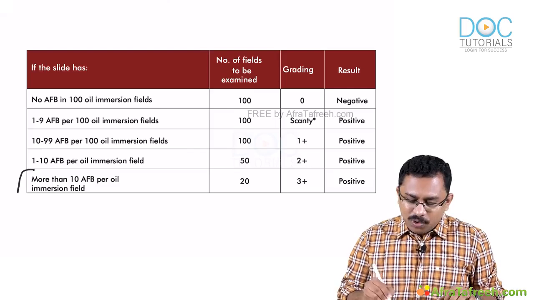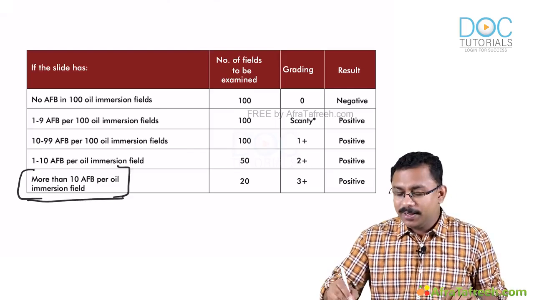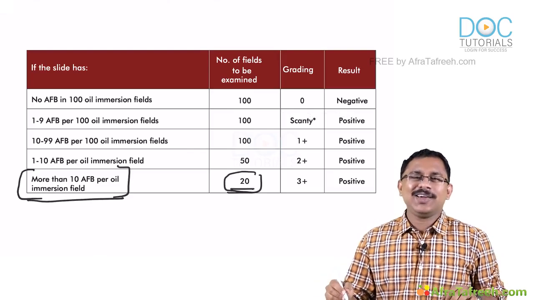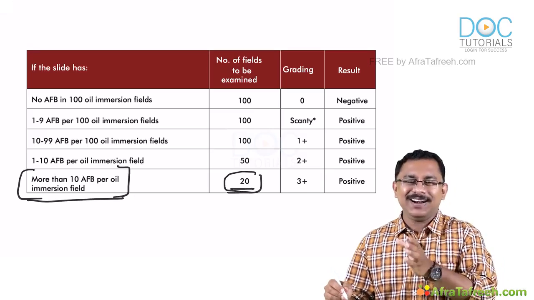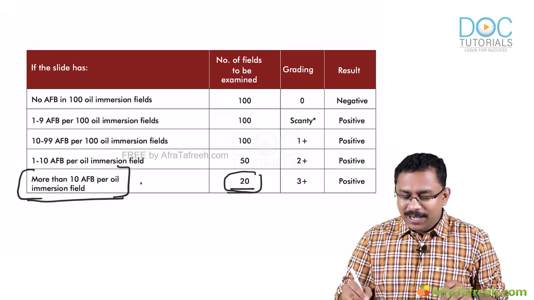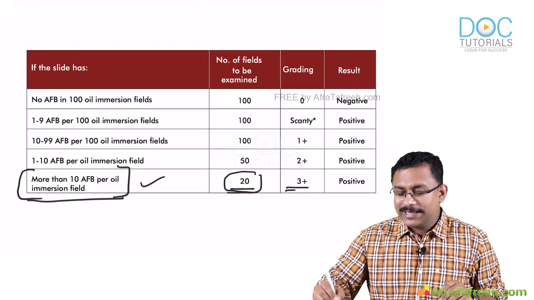Now when there are more than 10 AFB per oil immersion field, and remember, you have got to examine at least 20 fields. So you cannot be a lazy person, you cannot just be contented with one field. You have got to check a minimum of 20 fields, and if you have more than 10 AFB per oil immersion field, you put it as 3+.